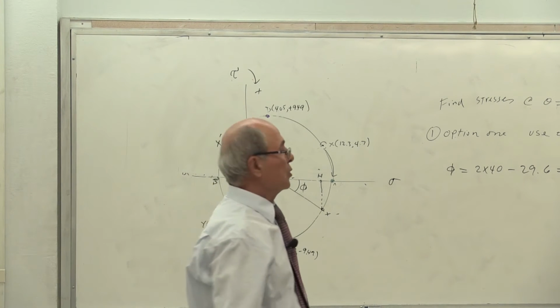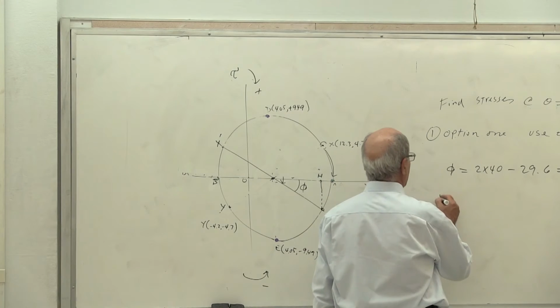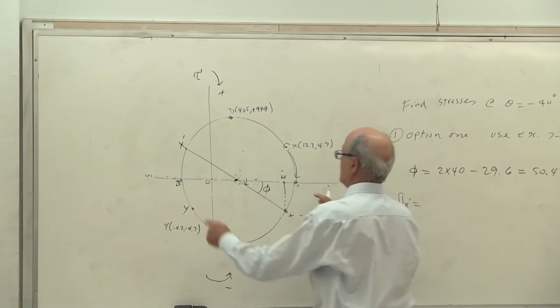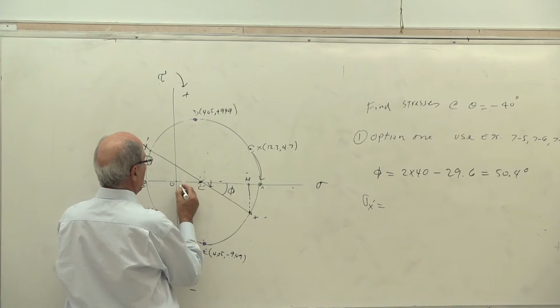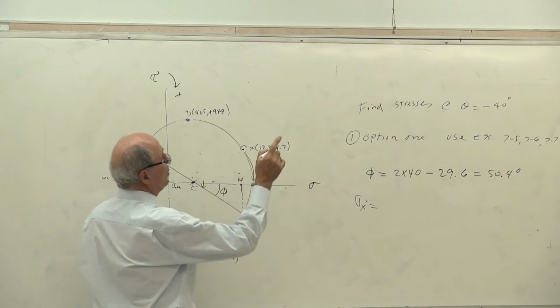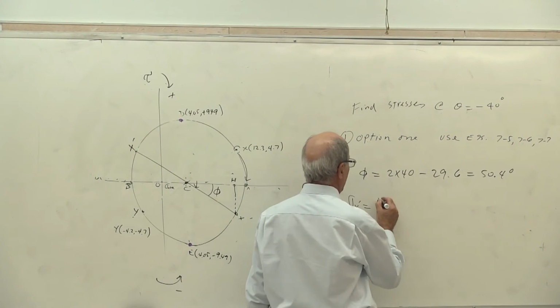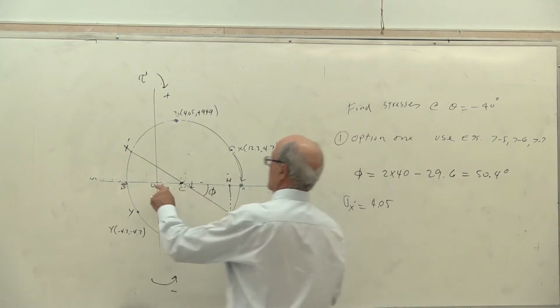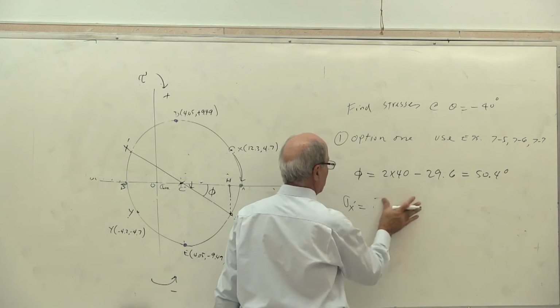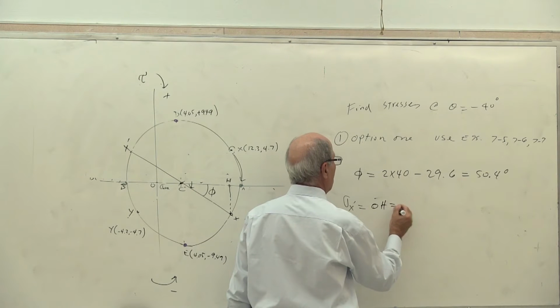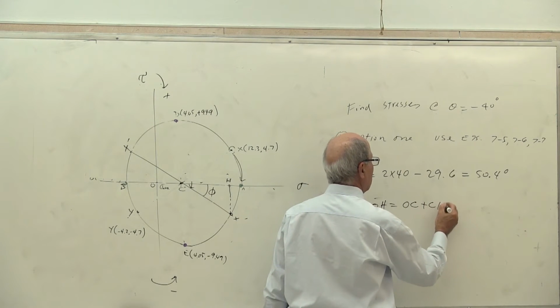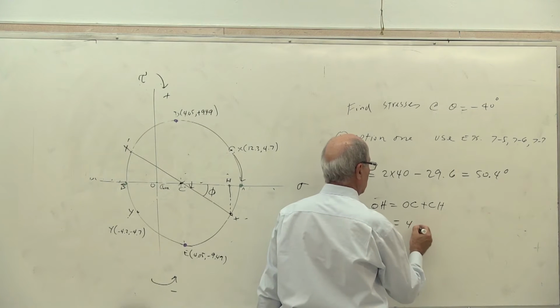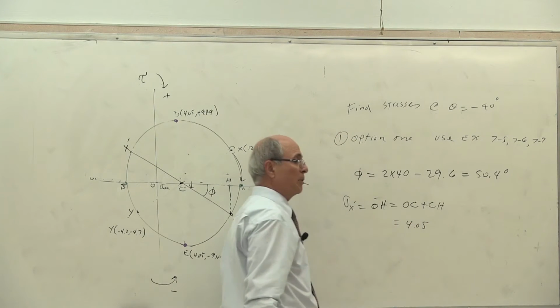Yes or no? So how do you calculate sigma x prime? Sigma x prime becomes equal to this length OH, which is OC. OC was sigma average. OC was 4.05. Go back again. 4.05 was OC. So in other words, let me put it this way. We need to calculate the length of OH, which is equal to the length of OC plus CH. But that becomes equal to 4.05, which was sigma average.